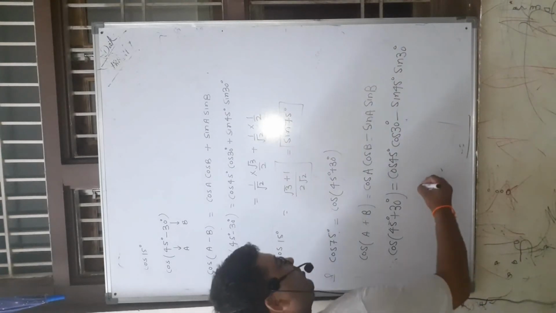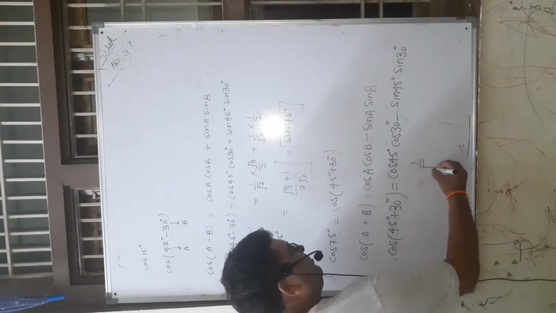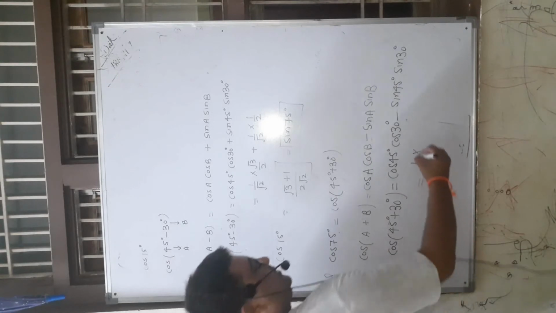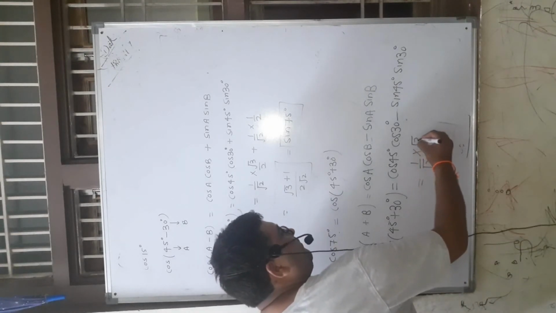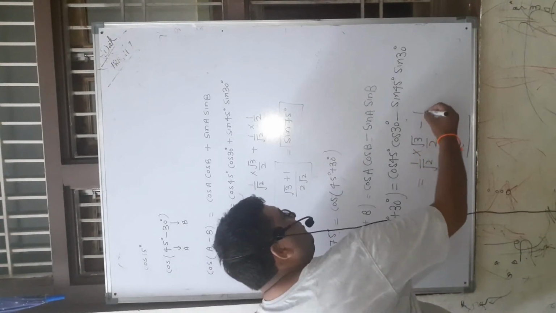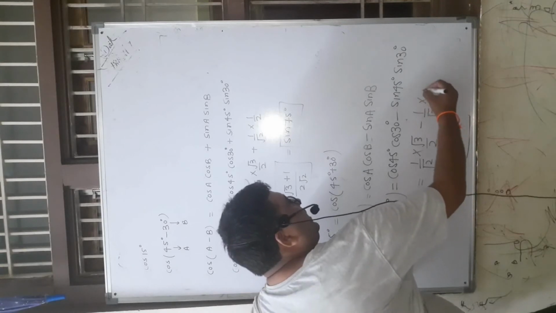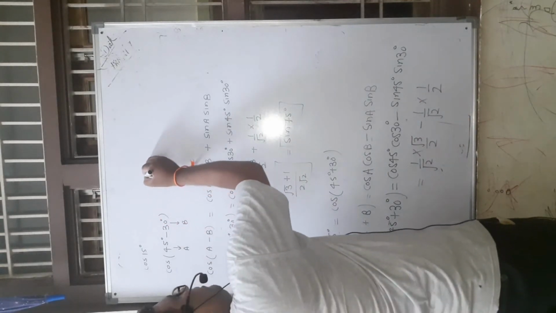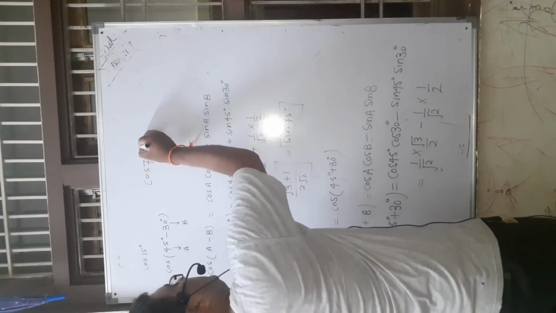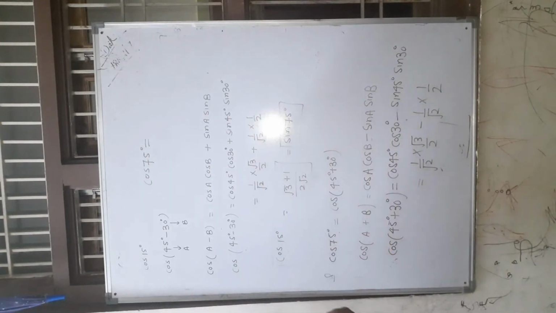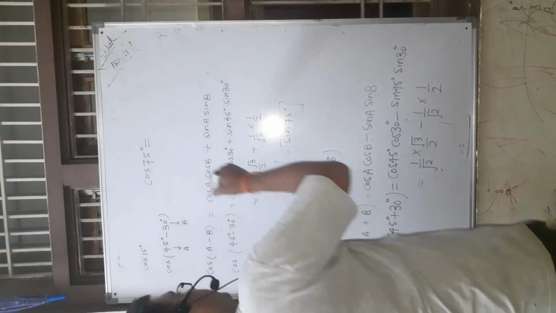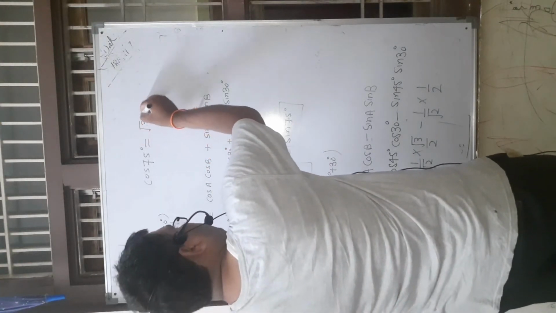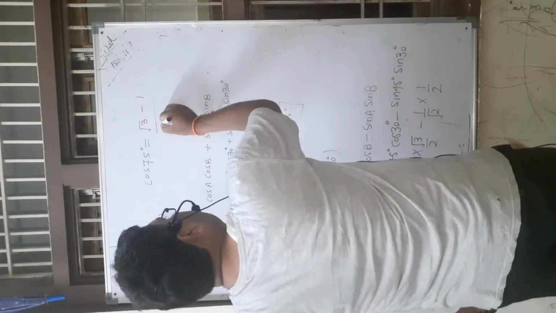Here cos 45 is 1 by root 2, cos 30 is root 3 by 2, minus sin 45 is 1 by root 2, sin 30 is 1 by 2. So cos 75 degree is equal to root 3 minus 1 divided by 2 root 2.